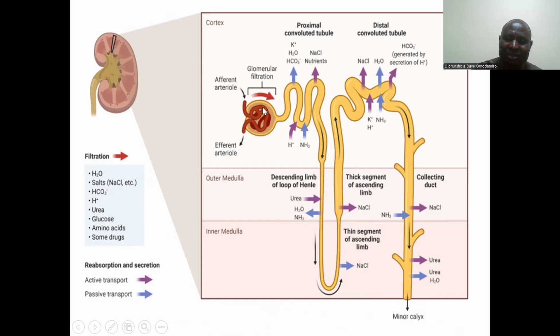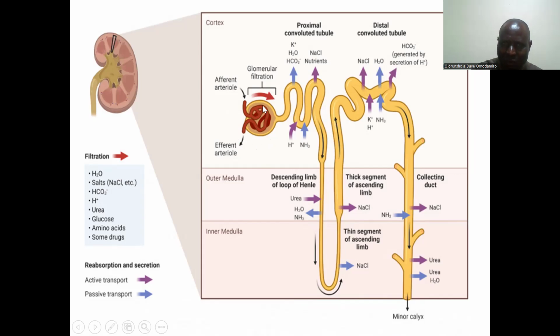Those drugs that are high in molecular weight, like protein, will return back to the general circulation. Those that are lipid soluble, like those that are hydrophobic, will also go back.